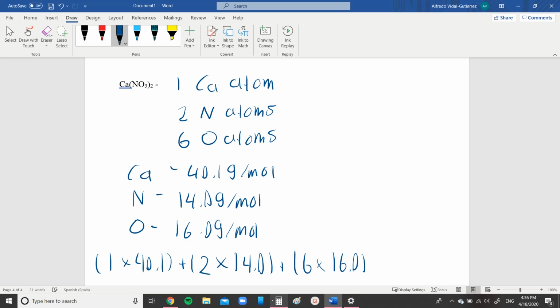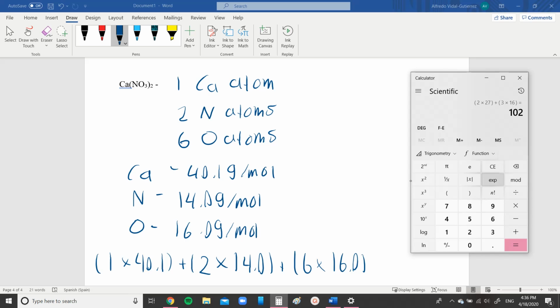And so when you plug all of that into the calculator, you'll get 1 times 40.1, which is just 40.1. And then you'd add up 2 times 14, close parentheses, plus now the value of oxygen, which is going to be 6 times 16, giving you a total molar mass of 164.1 grams per mole.